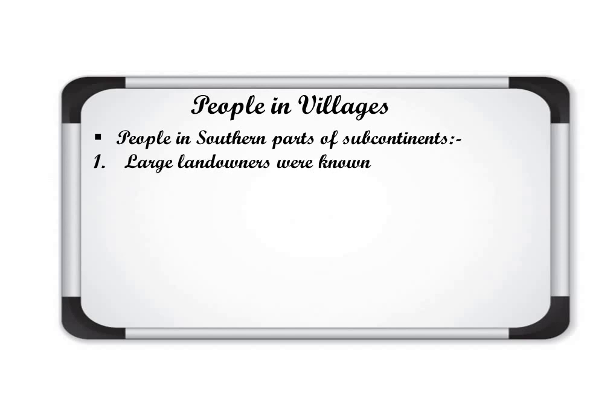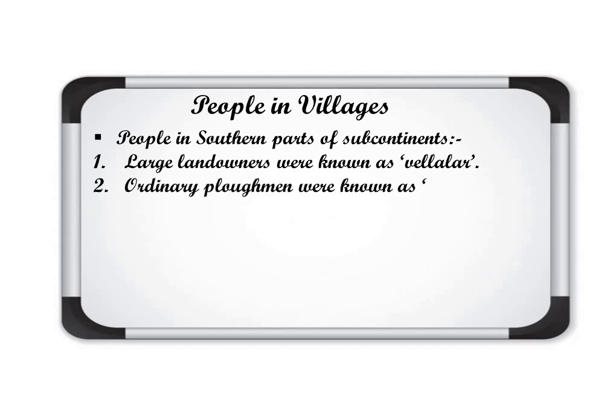Large landowners were there, known as Velalar. The large landowners means the farmers who were the owners of large land. They were known as Velalars. Ordinary plowmen were known as Uzhavar in the Tamil region or in the southern part of the subcontinent.